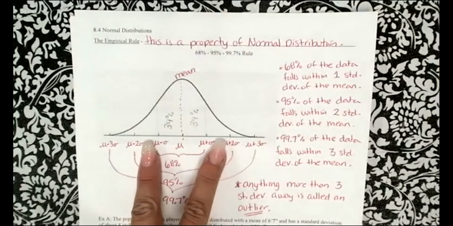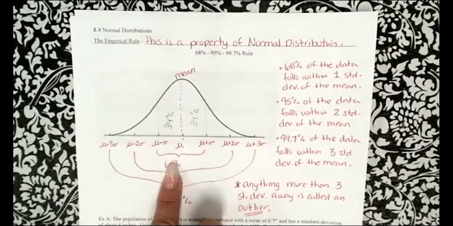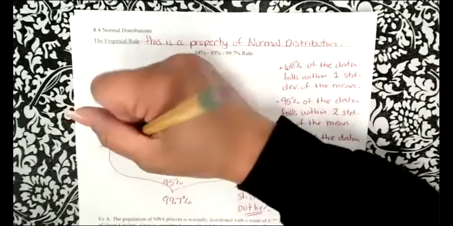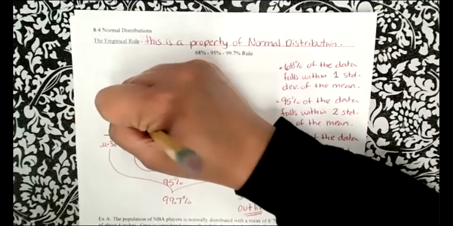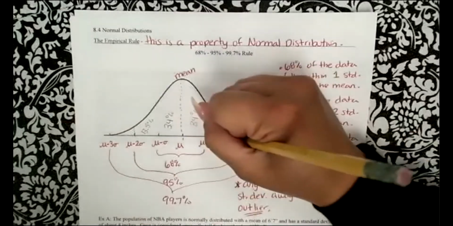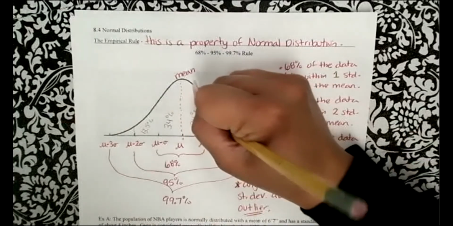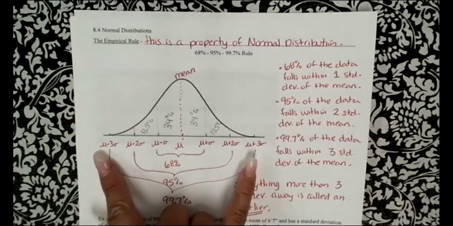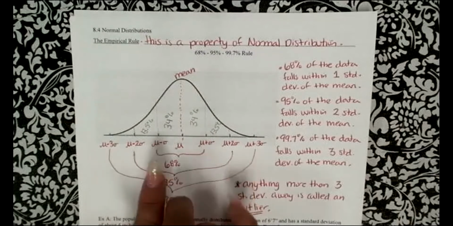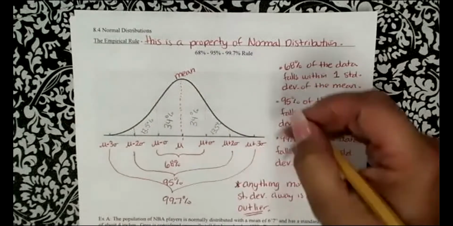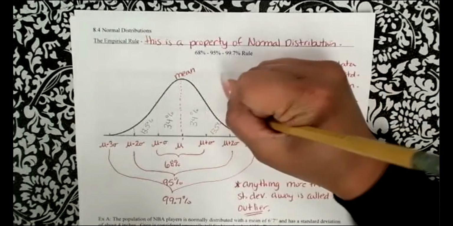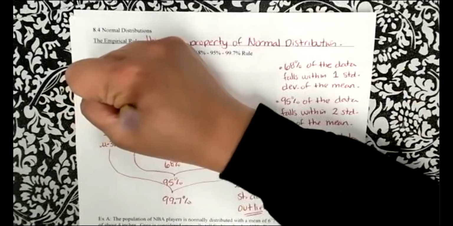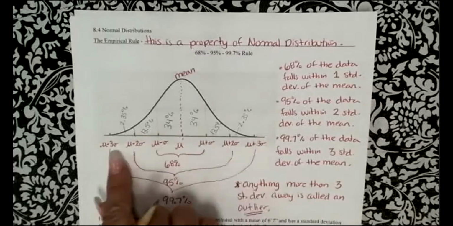If I take the 95 and I subtract the 68, and then now I have these two regions and I divide that by 2, that means that 13.5% lands right here, and 13.5 lands right here. Now, if I take the 99.7 and I subtract the 95, and divide it by 2, in this small section, 2.35% is, and here 2.35% is. So that's only if you break it all apart.